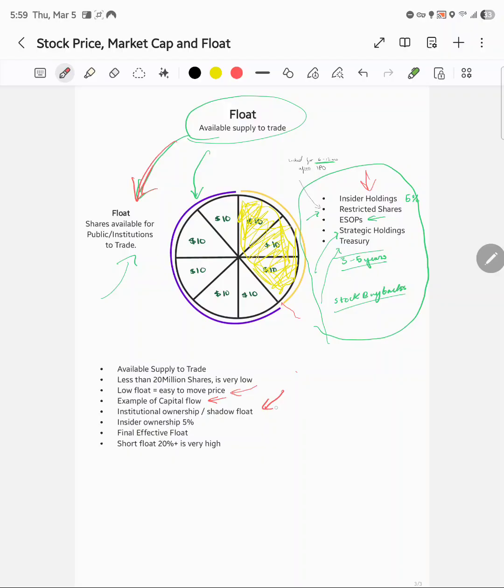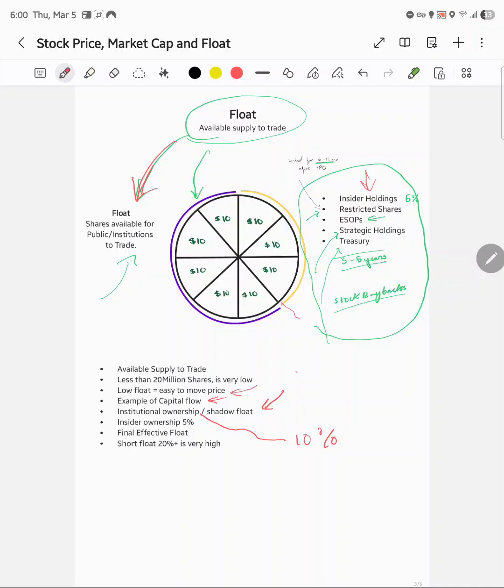Now another thing is institutional ownership, okay? You can see institutional ownership on your brokerage too. It will show you right off the bat in percentage. If it says institutional ownership is like 10%, what it's telling you is that, out of this whole pizza, let's correct that really quick.